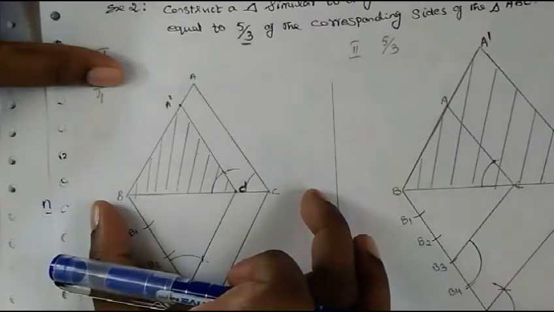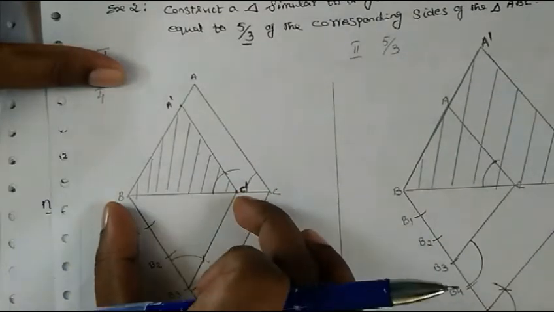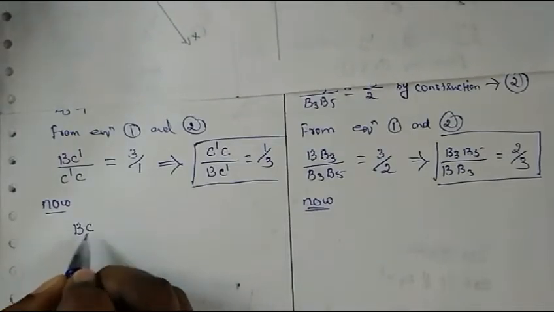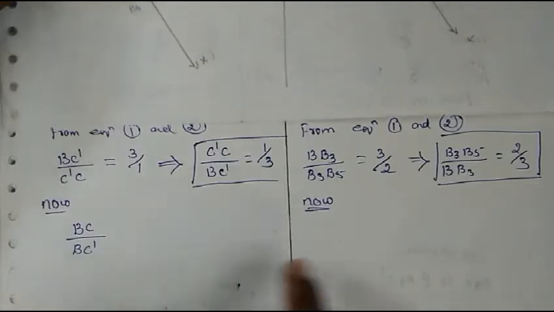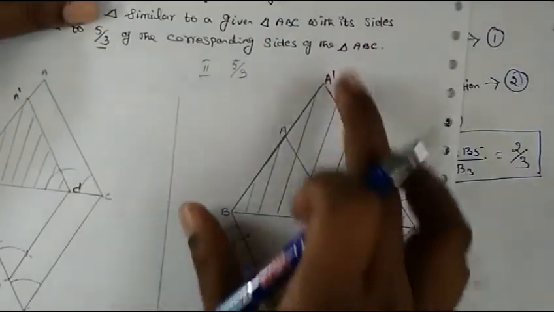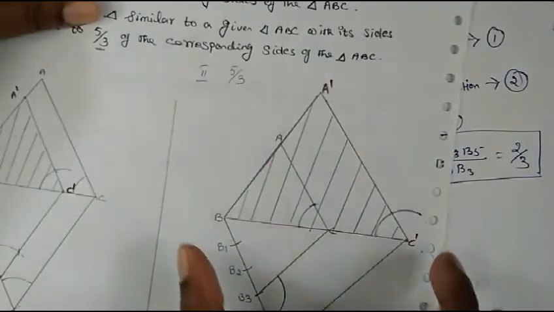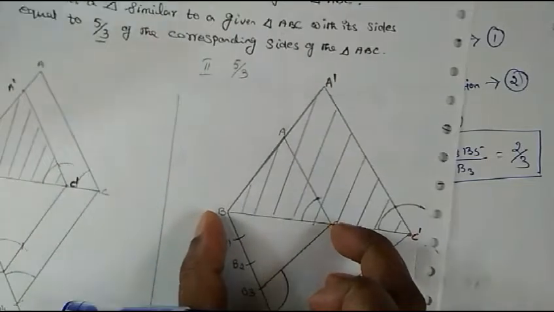Okay, so we will take that. First this side we will take, then we will take the small triangle side. So BC upon BC dash. Same way here also you write. The big triangle side is this, and the small triangle side is this. So here the big triangle side is BC dash, and the small triangle side is BC.